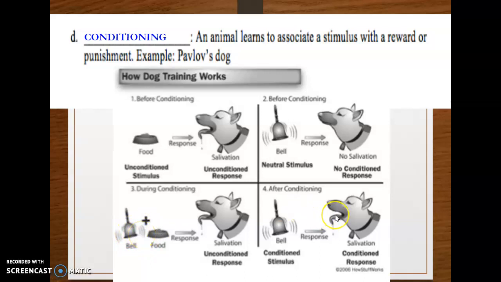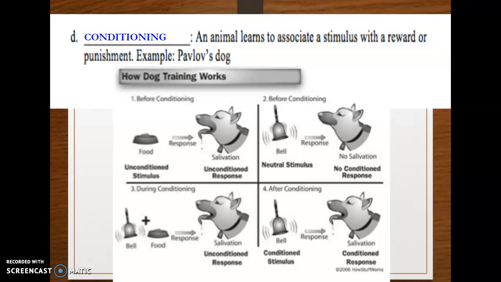So after the dog has been conditioned, every time you ring the bell, ding ding ding, it's going to think there's going to be food, and so the dog starts to salivate. Classical conditioning. The animal learns to associate a signal, in this case the bell, with a reward, which is the food.